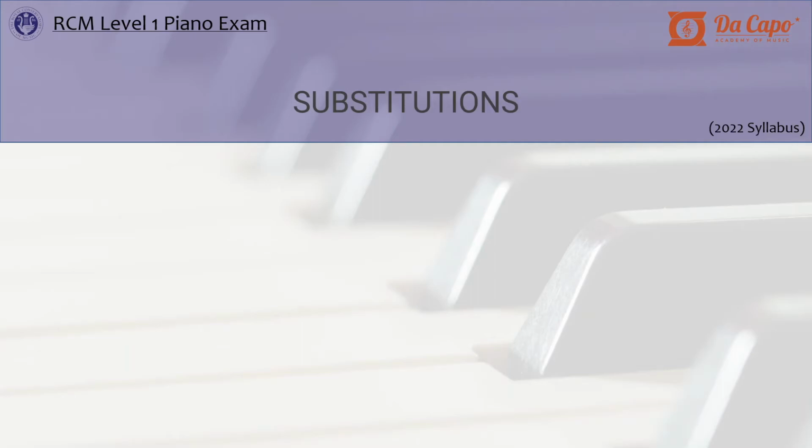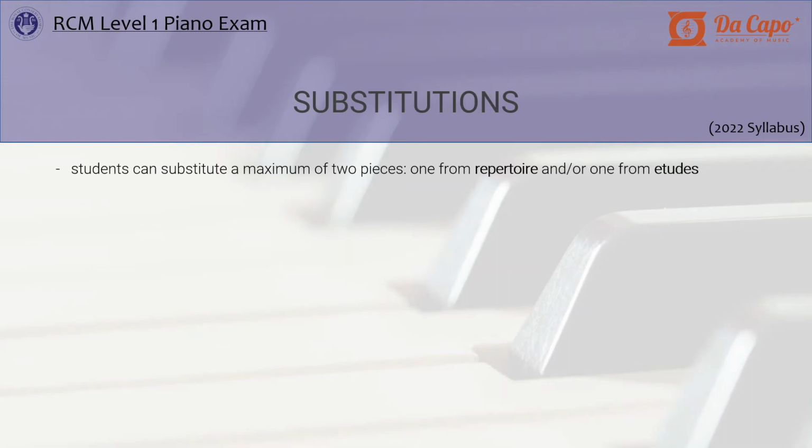For the substitutions, again, these are optional. You don't have to substitute any of your pieces if you don't want to, but if you do choose to do that, you need to be aware of these rules. So students can substitute a maximum of 2 pieces, one from repertoire and or one from etudes.